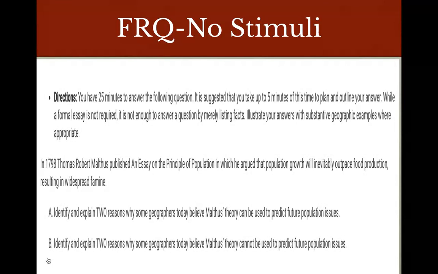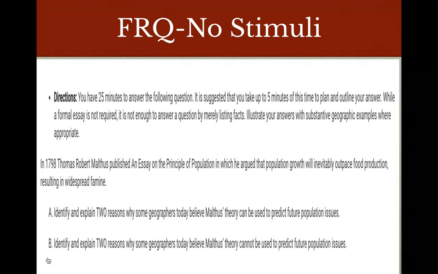For an FRQ, you'll have 25 minutes to complete the following prompt and embedded questions. For this FRQ, you have one prompt. The prompt indicates in 1798, Thomas Robert Malthus published an Essay on the Principle of Population in which he argued that population growth will inevitably outpace food production, resulting in widespread famine. That's your prompt.